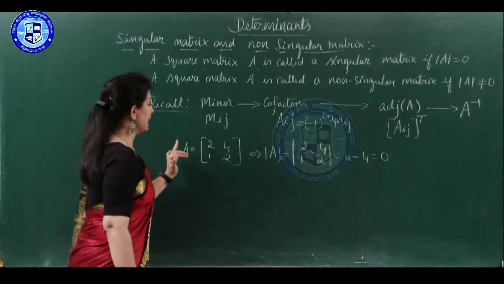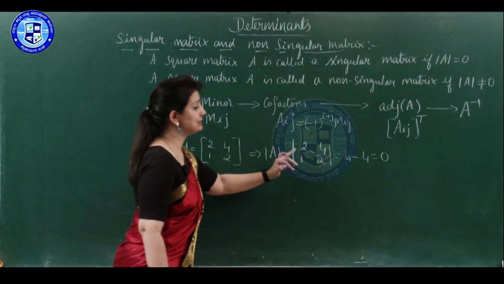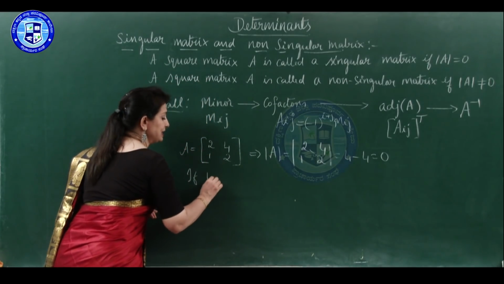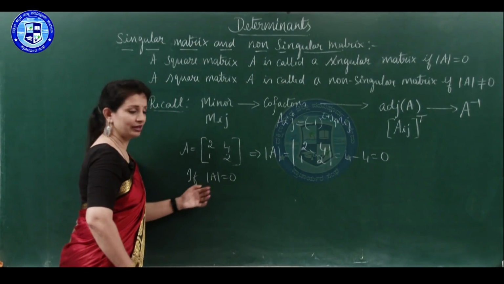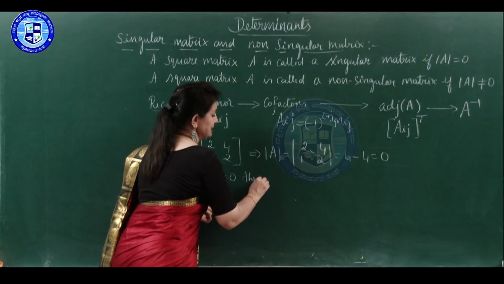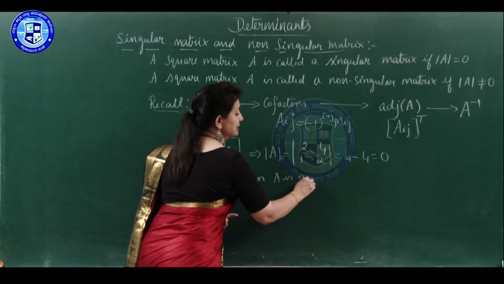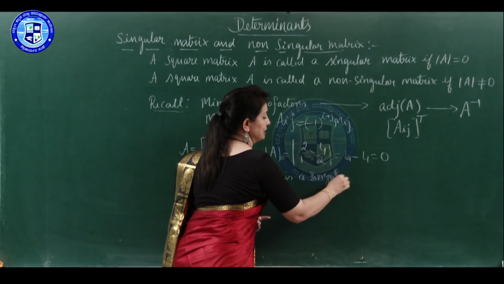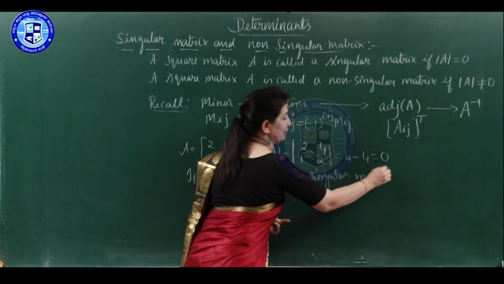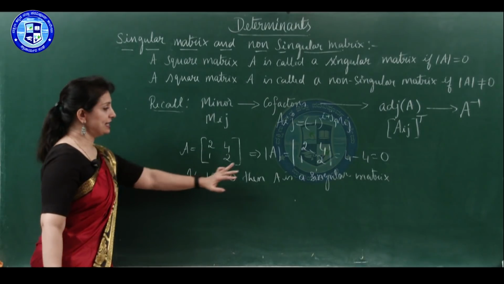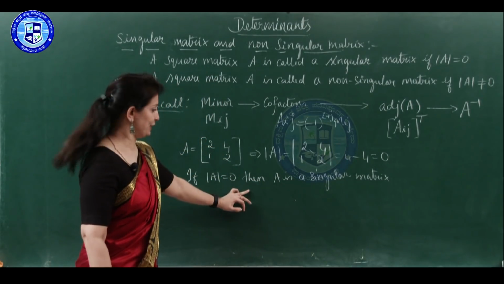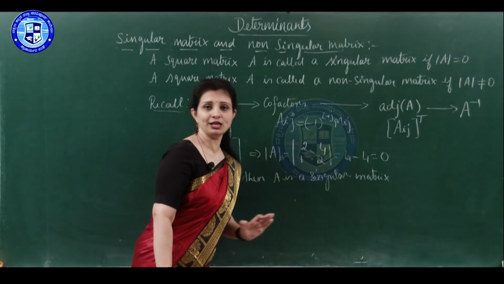Then we call the square matrix A a singular matrix. If the determinant value of A is 0, then matrix A is called a singular matrix.